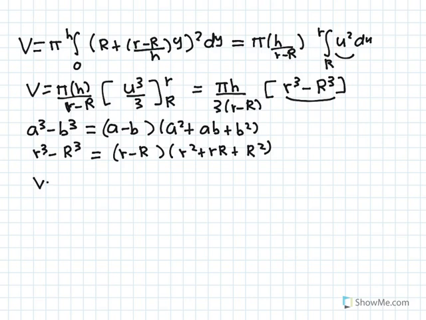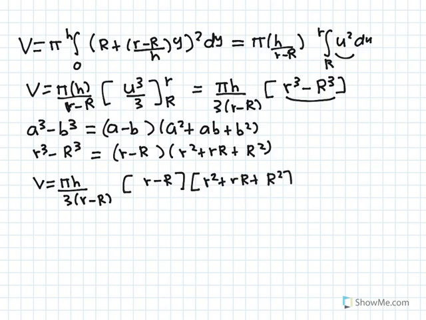So the volume is pi h divided by 3 times the factor small r minus capital R in the denominator, and now we use the factored version of the difference of cubes. Now we have a common factor that's going to cancel out. That was the whole point of applying difference of cubes.